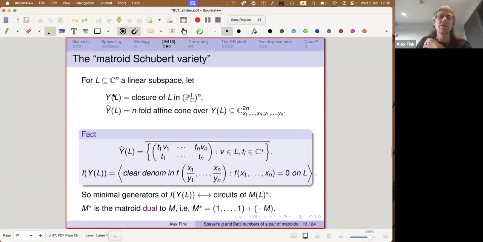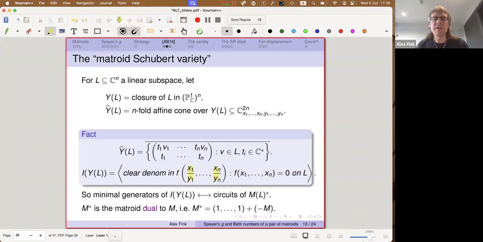I want to tell you what the ideal of this y hat of L is. What are the equations for L? The equations of L come from the circuits of a matroid. In this case, it's the dual matroid of the one I said was associated to L. For each circuit of that dual matroid, I get a linear equation of minimal support that's true of L. How do I get the equations for this closure of L in (P^1)^n? I just substitute for the variables these ratios x1 over y1 through xn over yn, and then clear denominators.